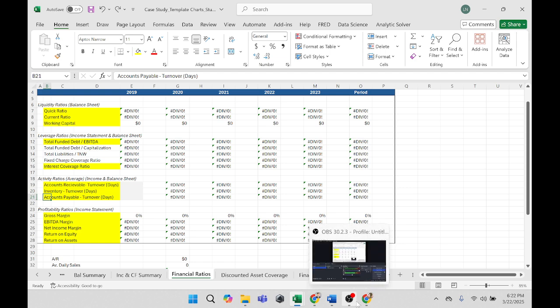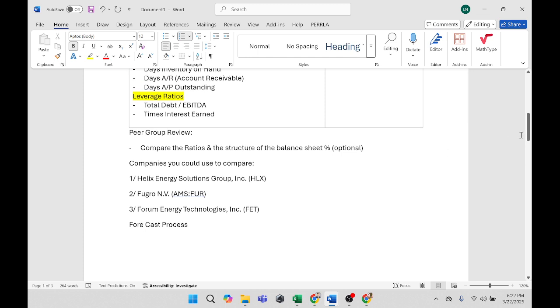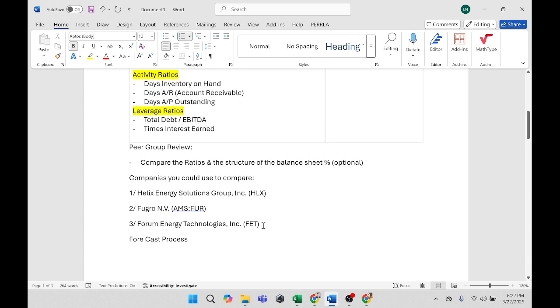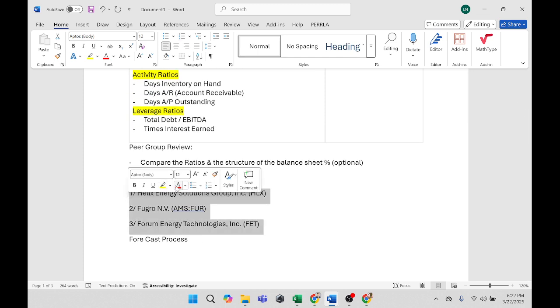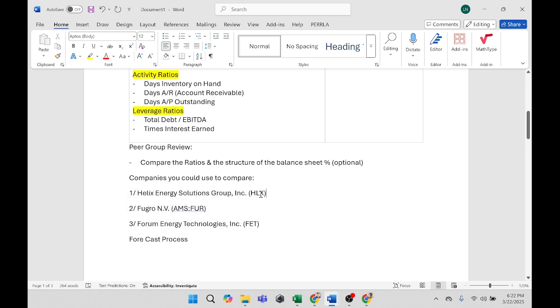So something I did is I provided you guys also in GroupMe the three companies that I think most align with Oceaneering company. And so here are the names, right? HLX, FUR, FET. So what do I do?